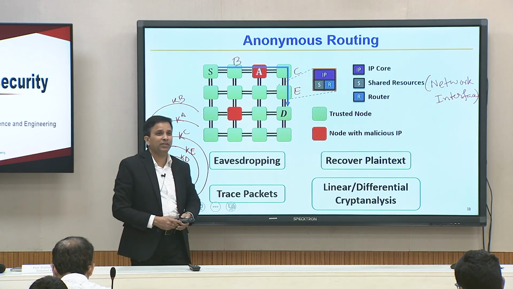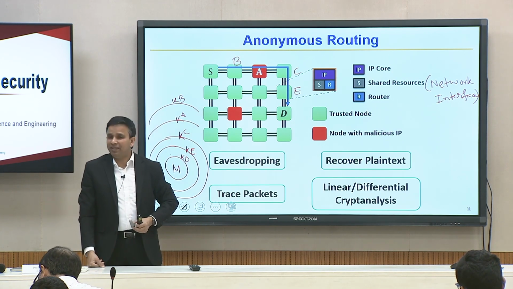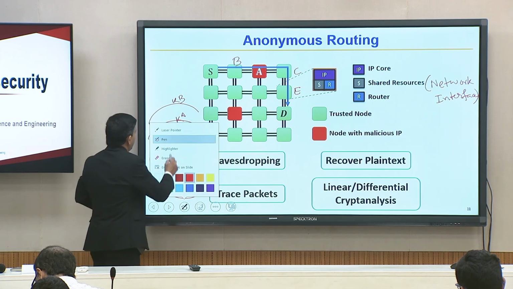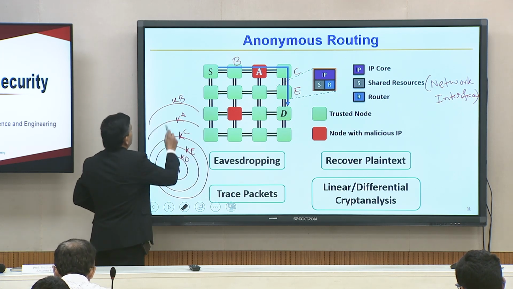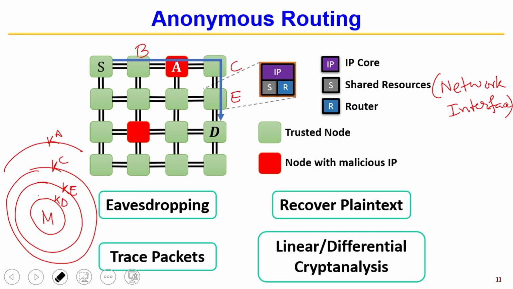Can anybody help me, when it goes to B, what happens? B decrypts it using its own private key, and this layer would be gone. It will be able to open only the outermost layer of the onion. Then that one goes to A. A is malicious in this case, but all A has the ability to do is open its own layer.